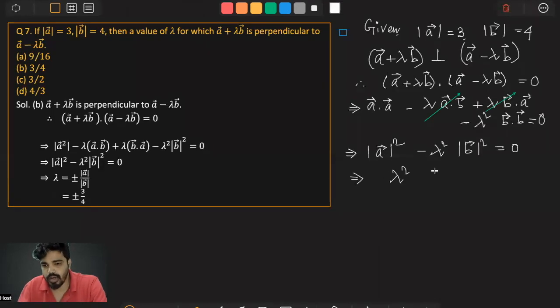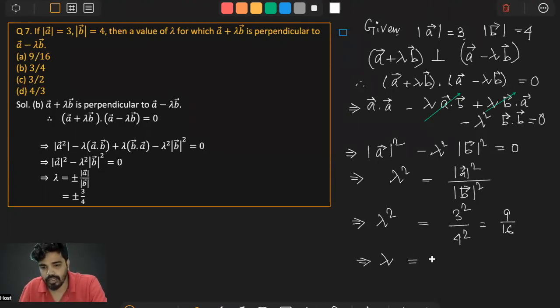Lambda square is modulus A square divided by modulus B square. What is given? Modulus A is 3, so 3 square, divided by modulus B, that is 4 square, that is 9 by 16. So lambda is equal to plus minus 3 by 4.